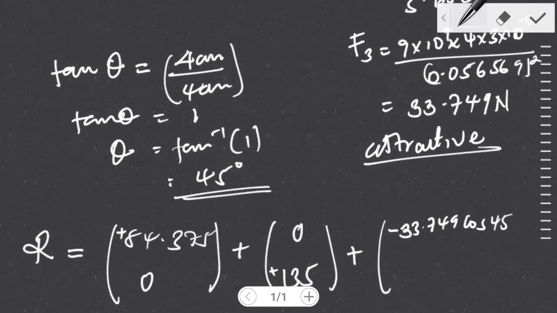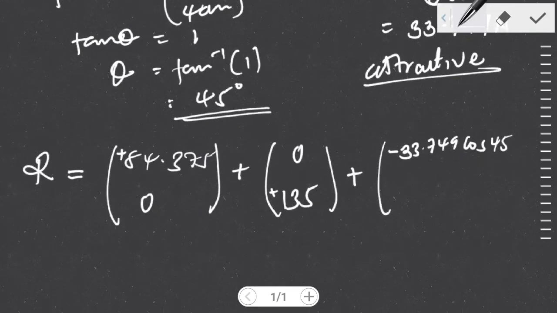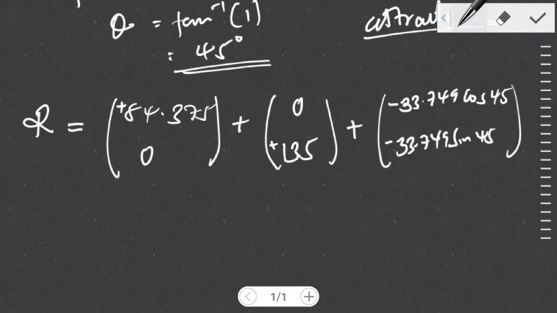Also the sine in this direction would be negative, because the sine of this angle here, if this is 45, takes the negative y axis. So I'm also having negative 33.749 sine of 45. Now I work out the resultant from here.